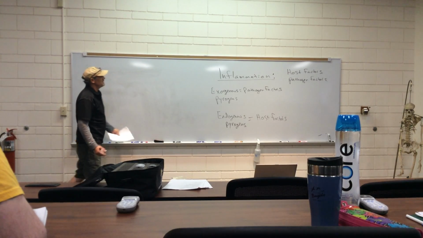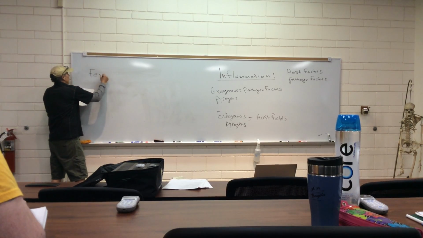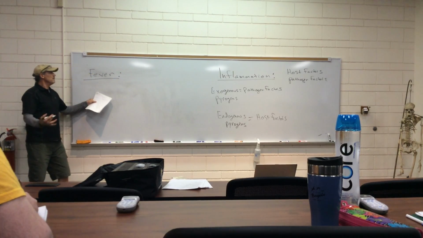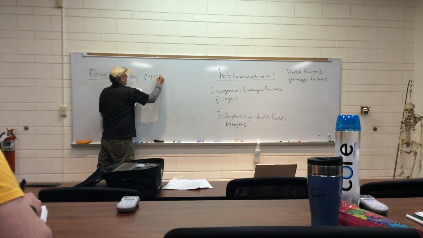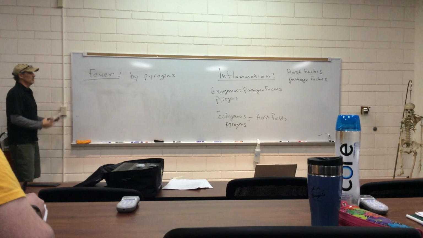One of the big things we see with these pyrogenic factors, of course, is fever. And so we think of fever as being stimulated by these pyrogens. And as I said, you can have both host and pathogen-encoded pyrogens.